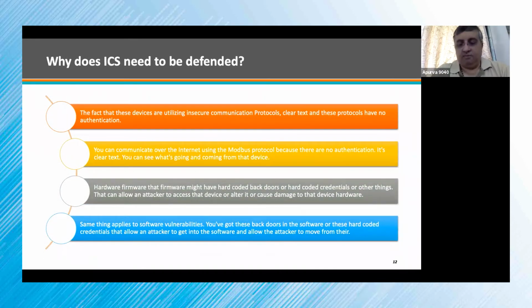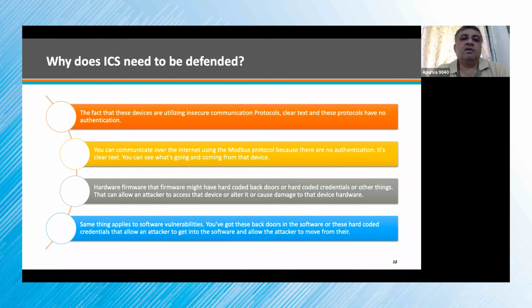For Industry 4.0, you need to protect your industrial control system a lot. Why? Because these devices are utilizing insecure communication protocols. The Modbus protocol has no authentication, so whatever data goes back and forth is in clear text.